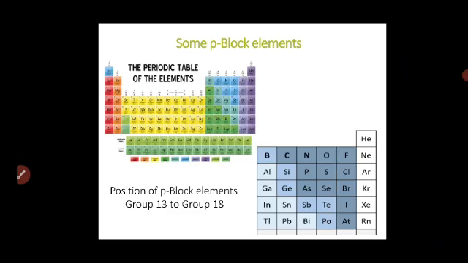In unit number 3, that is classification of elements and periodicity in properties, we have already learned about the overall periodic table, that is the modern periodic table, which is based on atomic number, and hence we can remember the elements. In that topic, we have learned how the elements are grouped in the periodic table.